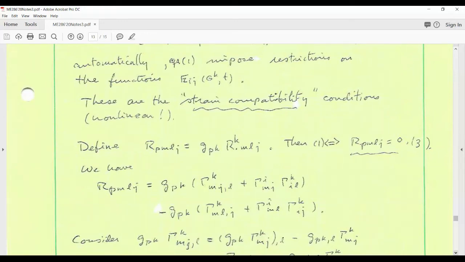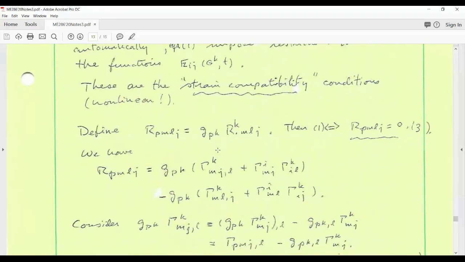Well, it turns out to be somewhat more convenient to deal with a fully covariant version of the Riemann tensor, the Riemann-Christoffel tensor. We can obtain that simply by lowering the index k using the metric, just in the usual way that we've described raising and lowering indices. So we'll take this to be the definition of the fully covariant Riemann tensor. So equation 1, which requires that all of these be 0, is equivalent to these being 0 because G, being positive definite, is invertible.